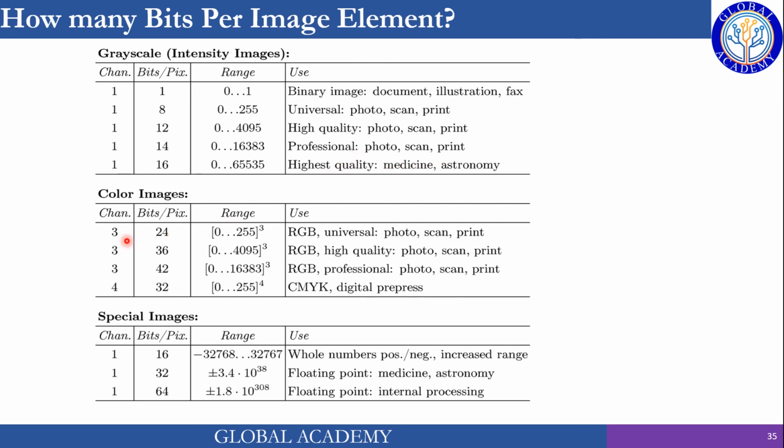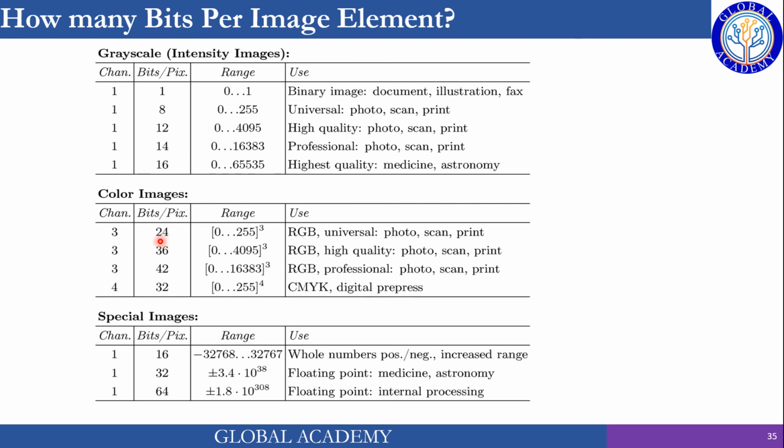And similarly in color images, if it is a colored image, then it means there are 3 channels. Say an image is of size 100 pixels along the x-axis and 100 pixels along the y-axis, then it would be a 100 by 100 by 3 matrix.